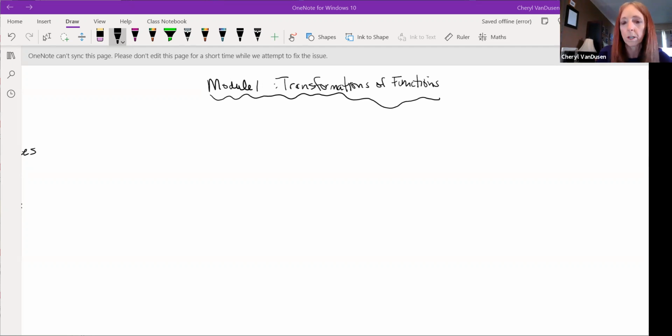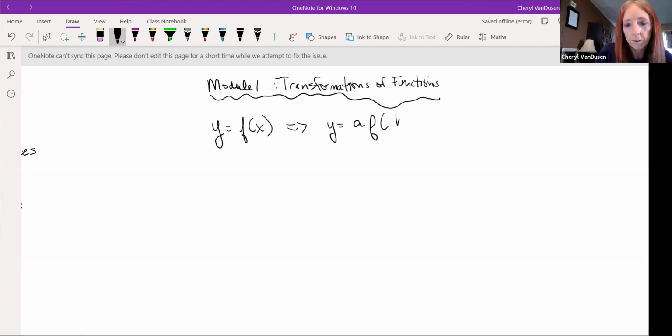So it's a nice way to start the course. What it involves is learning how you take any function, and I'm just naming the function f of x. We name functions f, g, etc., and transforming it into an overall function that looks like this.